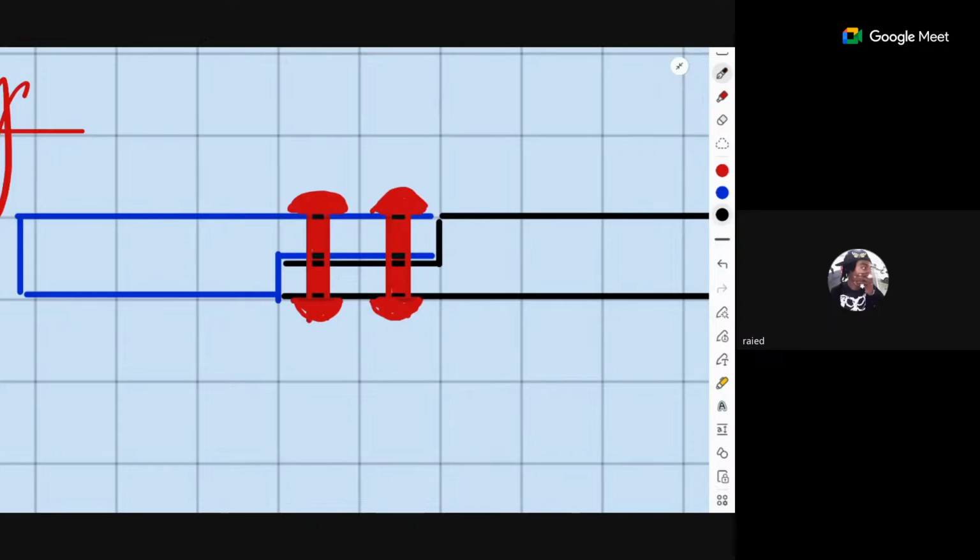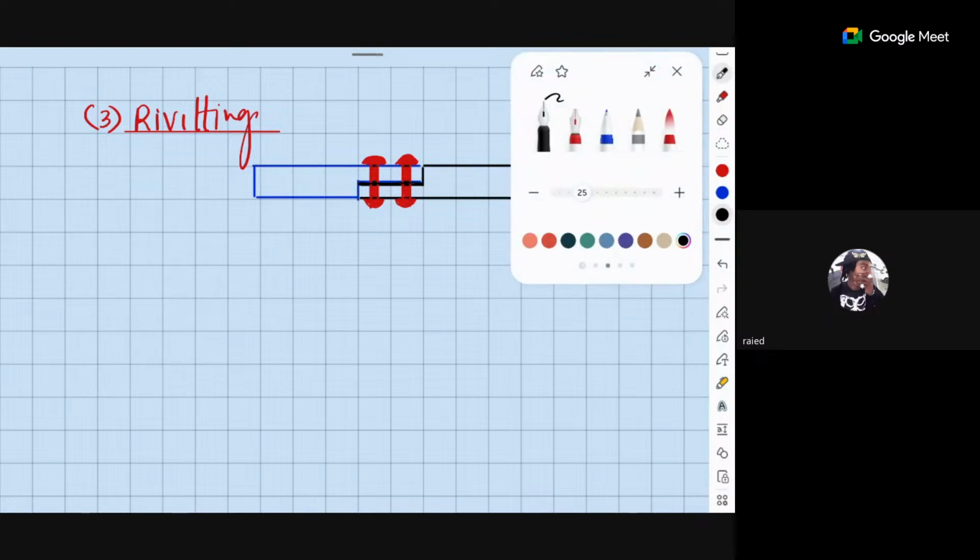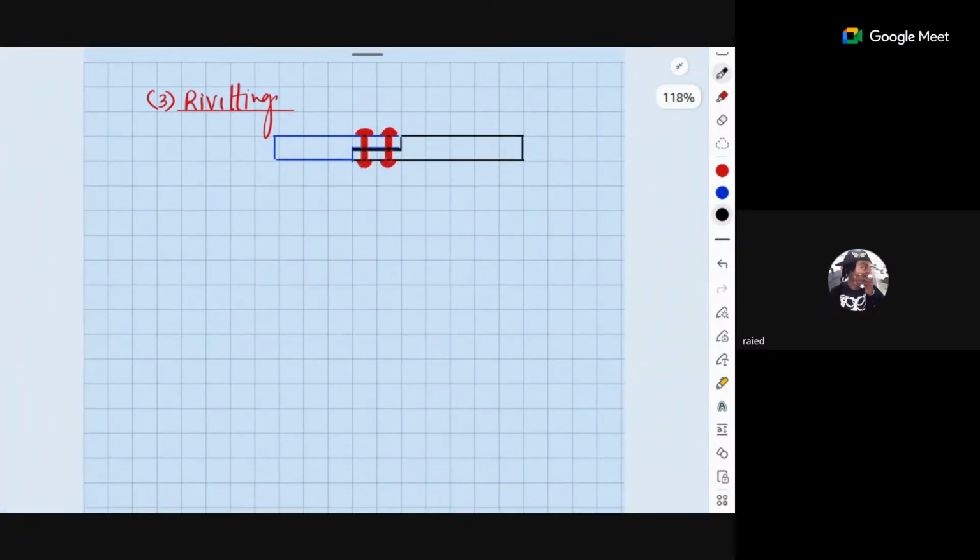There will be no gap here. You got the point? Is it clear? Should I write something about that, or is it clear? It's clear, sir.